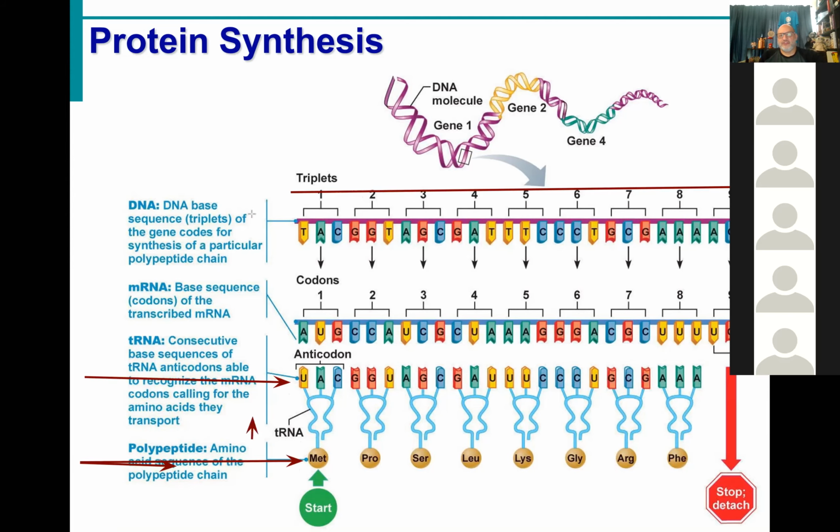Or I could do it the other way as well. I could give you a sequence of amino acids, and you should be able to give me the template strand of DNA that would be responsible for it, as long as I gave you a table to figure out your codons and anticodons or transfer RNAs and amino acids on. Pretty basic steps.